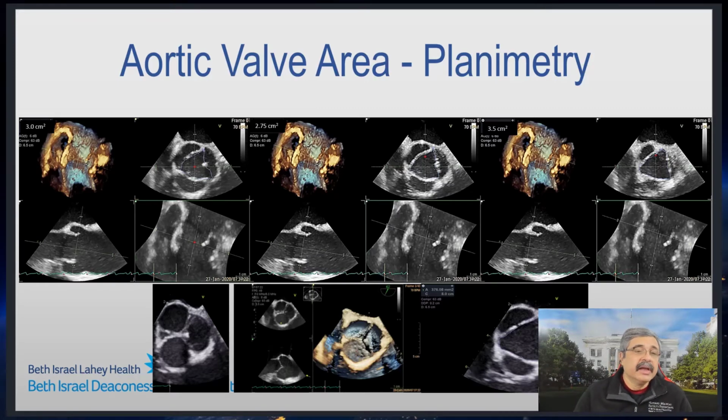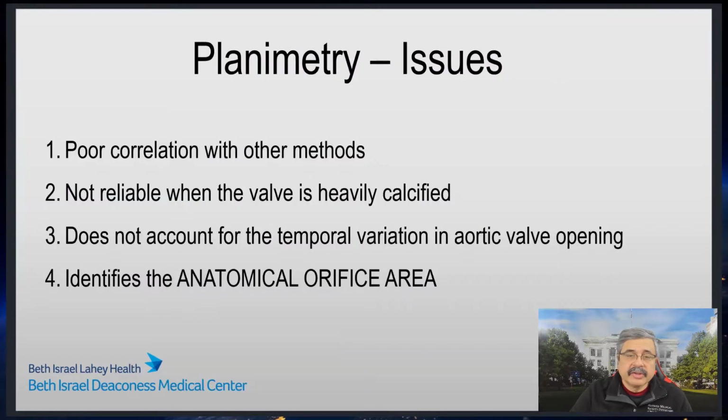And as you can see, depending on where you cut the valve, like at this one, cut at the tips of the leaflets, on the top left is 3 square centimeters. You move a little down in the middle, this is 2.75, and then you move further down and it's 3.5 centimeters squared. So it really is a function of how accurately you are able to identify and section the edges of the aortic valve leaflets for an accurate estimation of a geometric area.